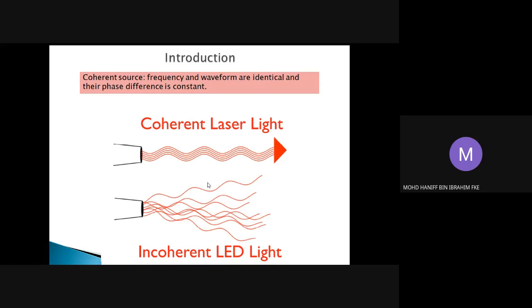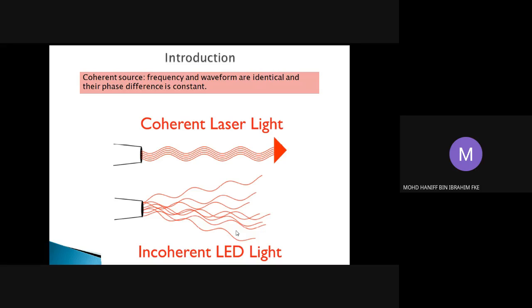That is why in long distance transmission, the preference is the laser diode as the light source because of the advantages it offers. As opposed to that, based on this diagram and the incoherency of the source, the LED can only be used for short distance applications. That is the general difference between the laser diode and the LED.